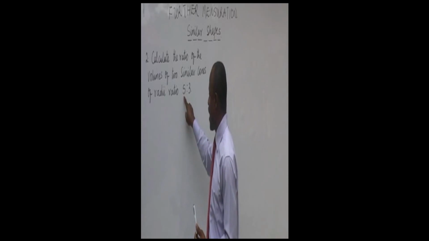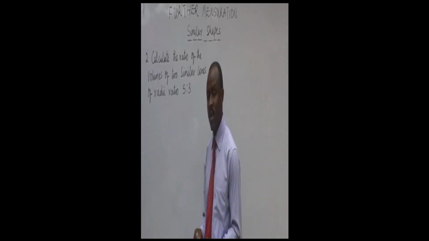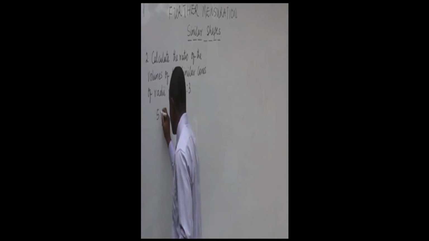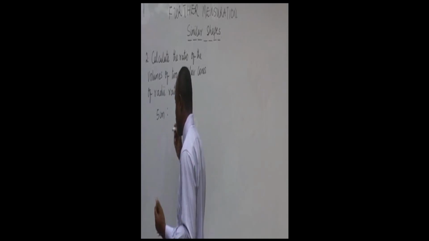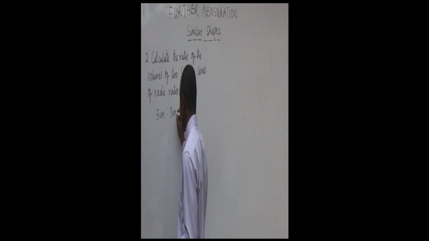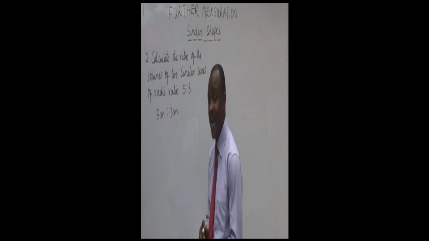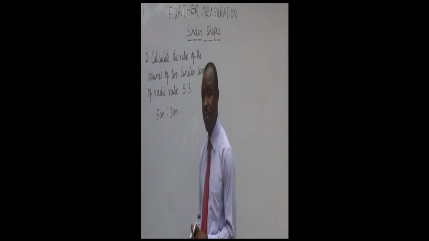If the radii of the 2 similar cones are having the ratio of 5 is to 3, that means 5 centimeter or meter or kilometer, as the case may be, is to 3 centimeter. That is the ratio of their radii. I've told you radii is the plural of radius.